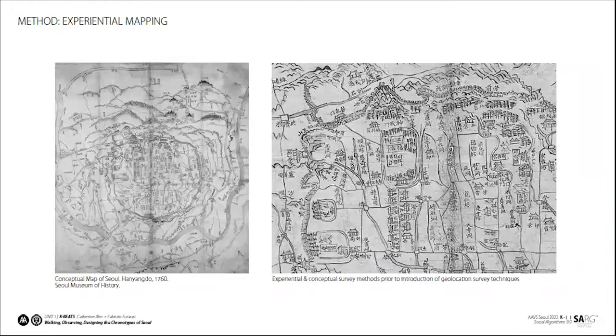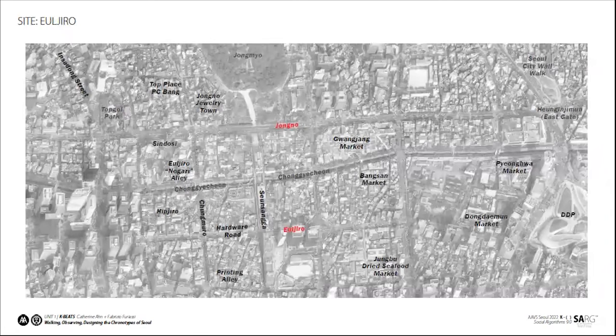And so we divided our students into three groups and examined Seoul, which is a site with a concentration of fast and slow chronotypes.